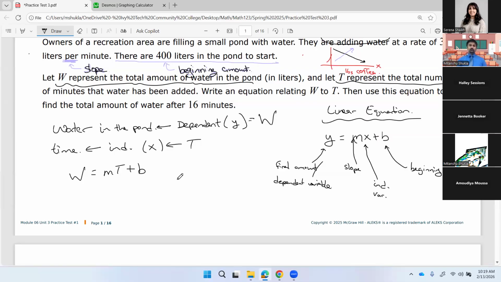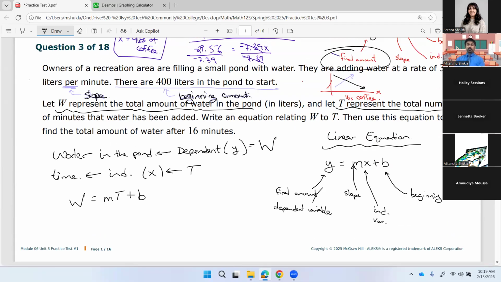Okay, so let's write stuff down. We have a slope, which is m, and they told us that that slope is 32. So w is equal to 32 times t plus some beginning amount, which is 400, right? Then they're saying use this equation to find the total amount of water in 16 minutes.